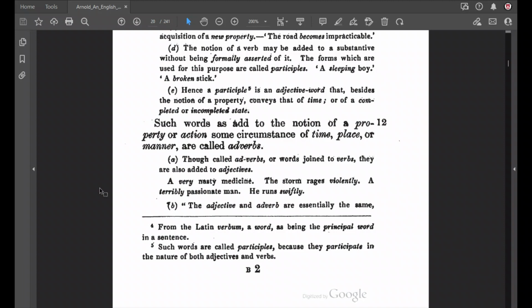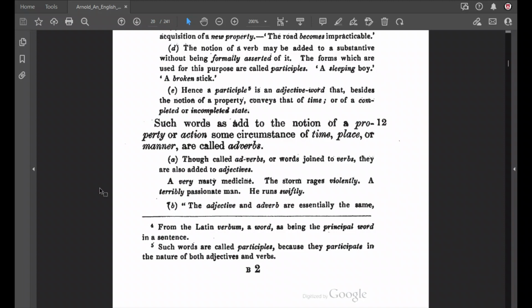That word is an adverb. Words that add to the notion of a property, very hot, or to an action, reading quickly. They add some circumstance of time, place, or manner. They talk about how or when or where the property or action takes place.